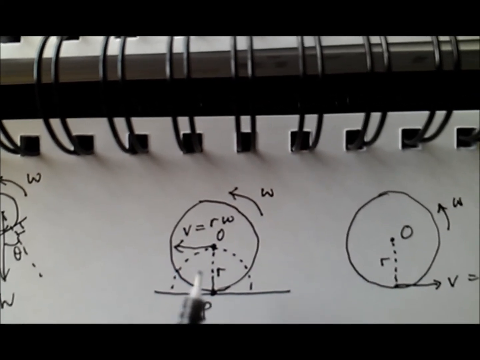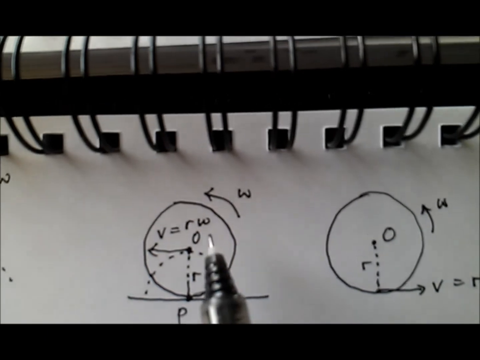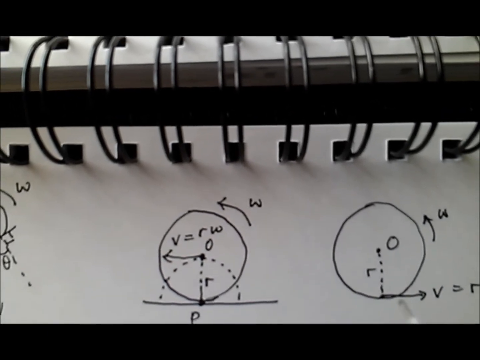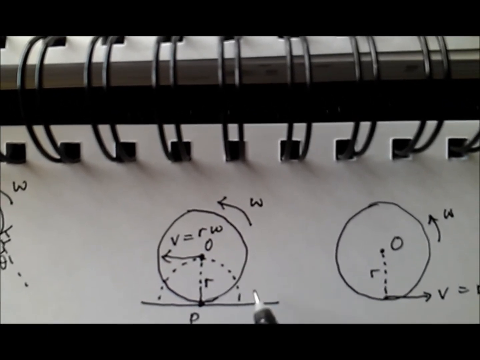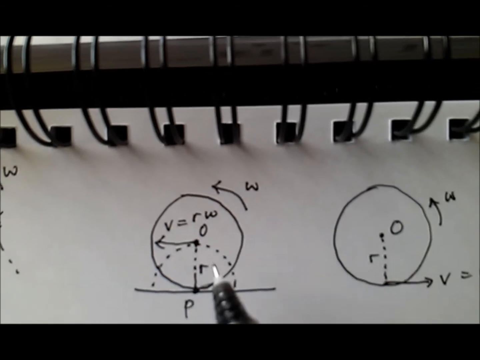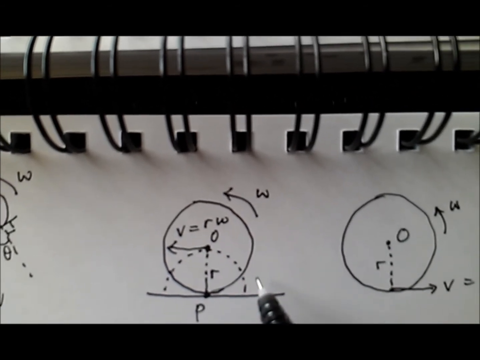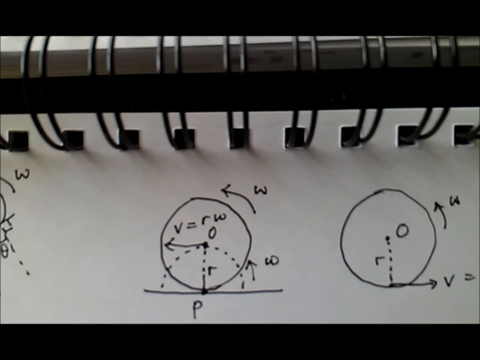Since these two V's are the same, the conclusion is that the angular speed of the ball about P is also omega.